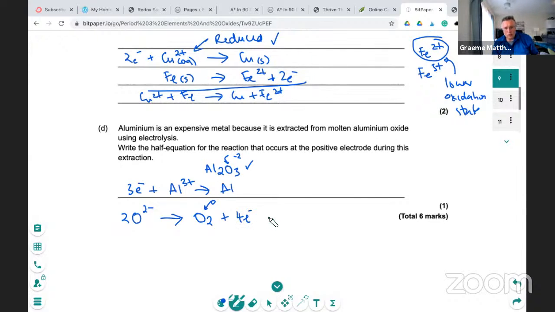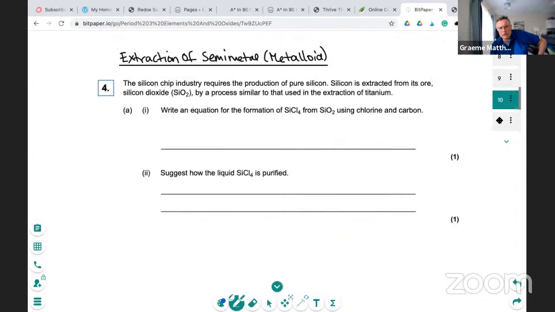And so this one is what's happening at the positive electrode here, right? Positive electrode. And when we do electrochemistry, chemists, we'll talk about positive, negative electrodes and everything else. All right, there's this one.